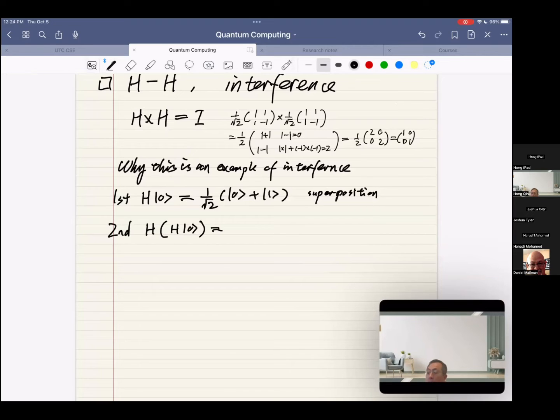So that basically is the above, right, that basically is this part. And so basically expand that: Hadamard gate on this ket 0 plus ket 1. I'm sorry, 1.